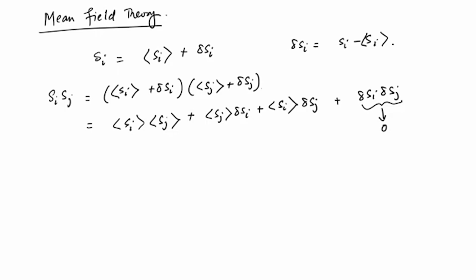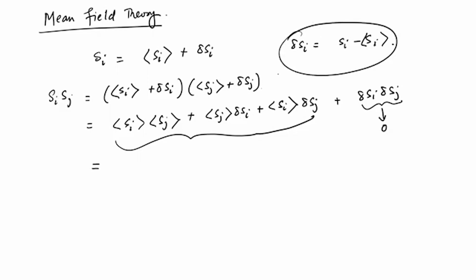Anyway, we are leaving that, and we now have these 3 terms, and we can replace delta Si by the expression that you see here. You put it here and you put it here, and then what one gets is Sj average Si plus Si average Sj minus the product Si average Sj average. Okay.